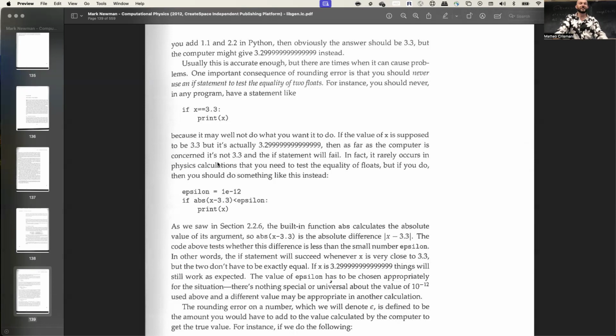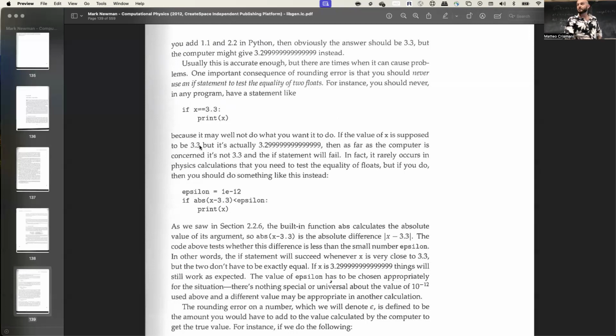Okay. So for this reason, we should never use an if statement to test the equality of two floats. Like if x is equal to 3.3, and if you were to print out x right there, it would never print out x because it recognizes 3.2999 is not equal to 3.3.